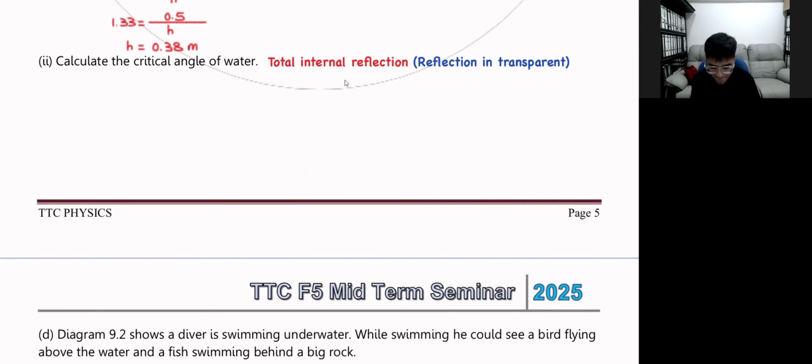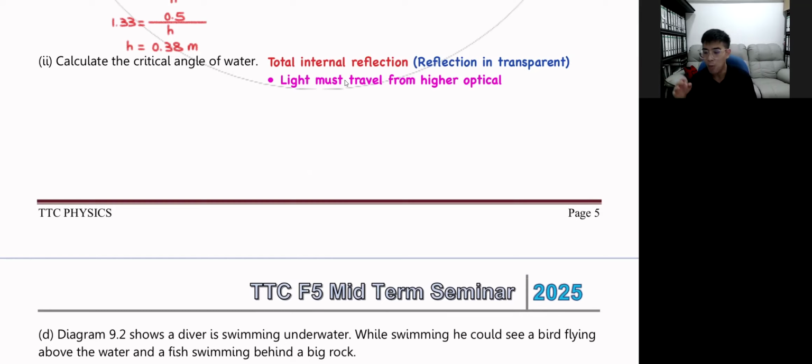If you remember, in Form 4 Chapter 6, we learned that number one is that the light must travel from a higher optical density object into a lower optical density object. That means it has to travel from a less transparent object to a more transparent object.